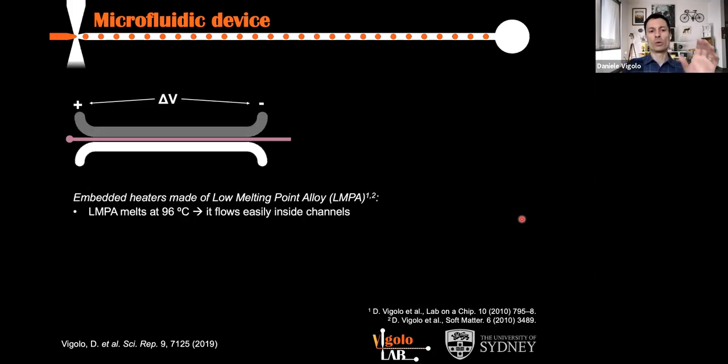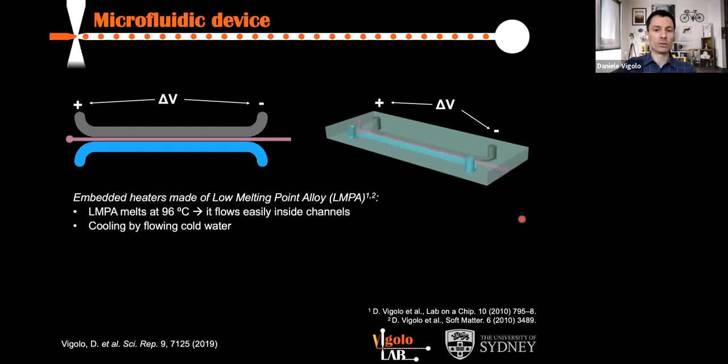To do this, we create a hot side by embedding a Joule heater, flowing essentially a low melting point alloy within the channel. And again, it's a great advantage of microfluidics because we can design any geometry for this heater, and we can just flow cold water on the other side. So this is how we impose a temperature gradient across our sample.